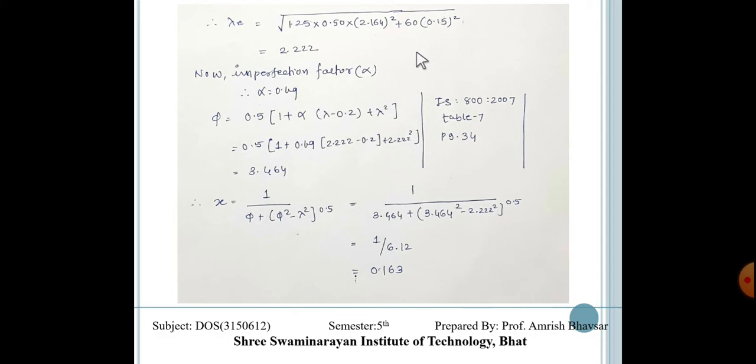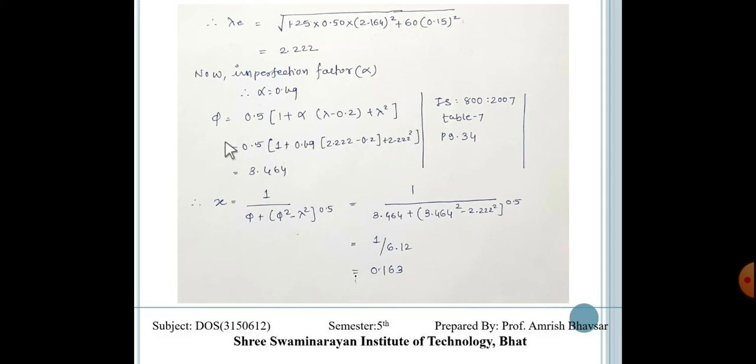Now we have to find alpha, and this alpha is given on page number 35. For that it totally depends on the buckling class, and buckling class is given on page number 46. So we will get alpha, that is 0.49. And phi has an equation given on page number 34: 0.5 into 1 plus alpha into lambda minus 0.2 plus lambda square.